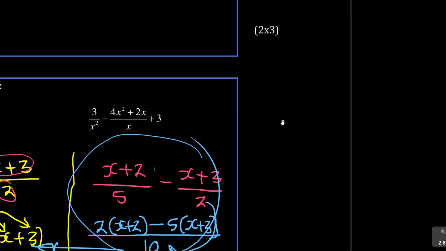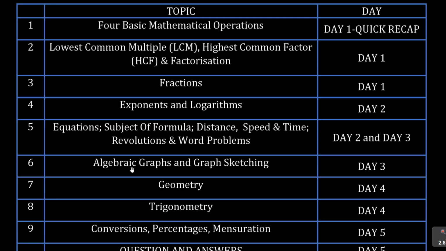I think we were working on... Let me just take you back a little bit here. I don't see anyone joining, but we did these fractions. We did LCM, HCF, and then we did exponents and logs.